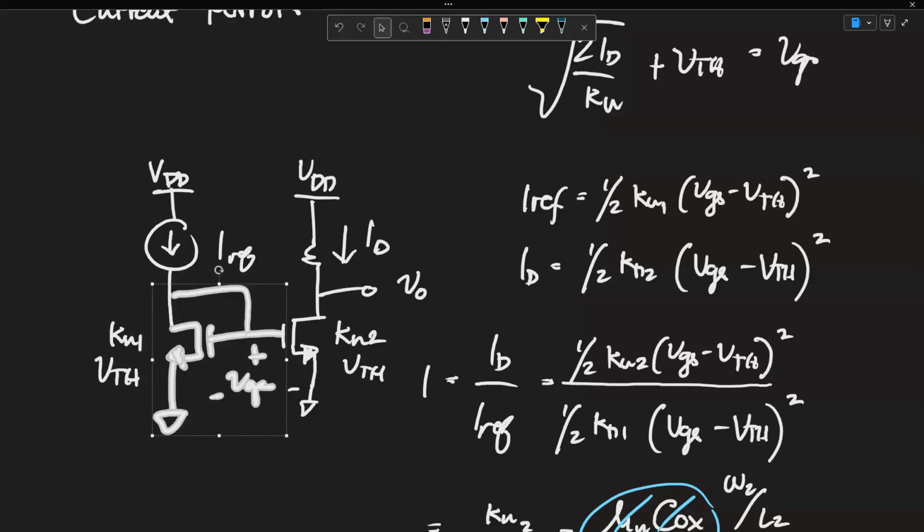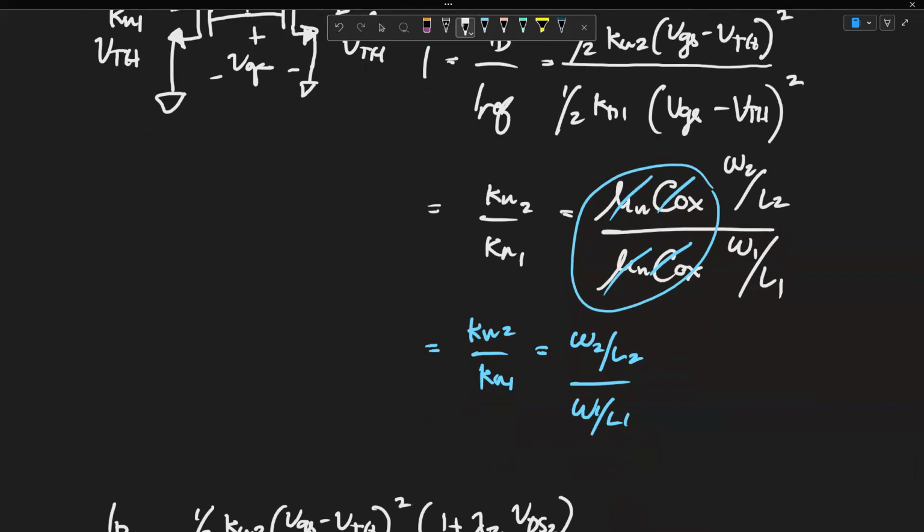Oh, by the way, no? Can anyone answer this? Bakit sure tayo na saturation lagi itong diode connected MOSFET? Well, actually, kailangan may current source para sure tayo na, para hindi cut off, no? Kaso, why is this never linear?